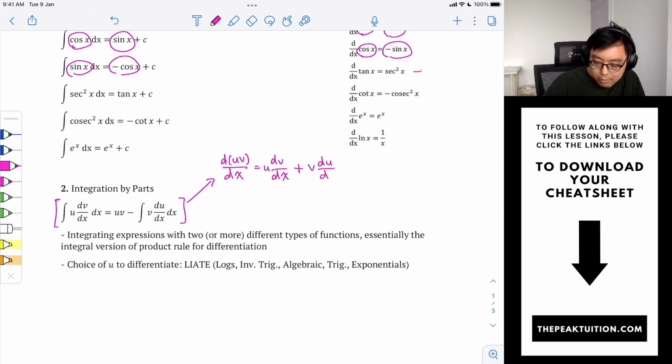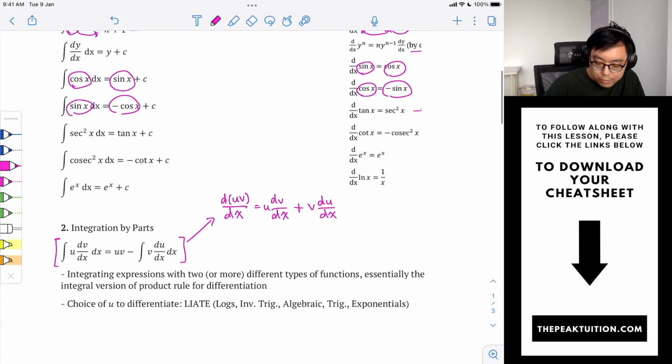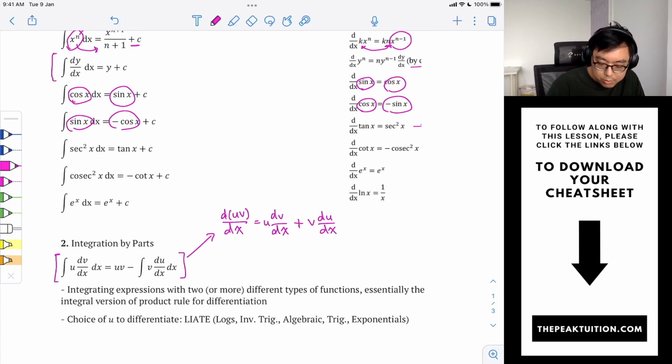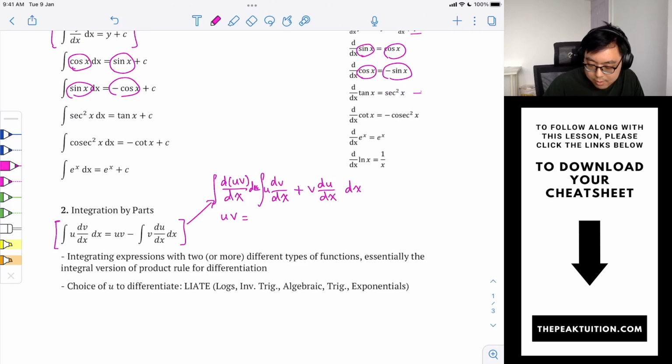Okay, so when we write it this way, we can integrate both sides. We integrate d(uv)/dx with respect to x, which just gives us uv. When we integrate this whole thing with dx, we get the integral of u dv/dx plus the integral of v du/dx. You can't really simplify this further.